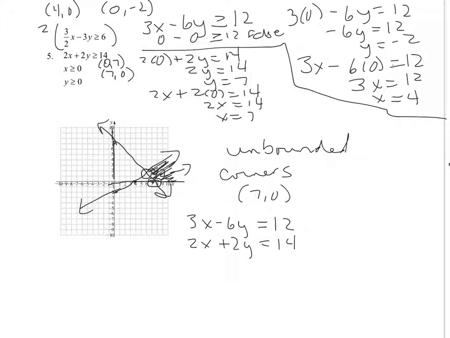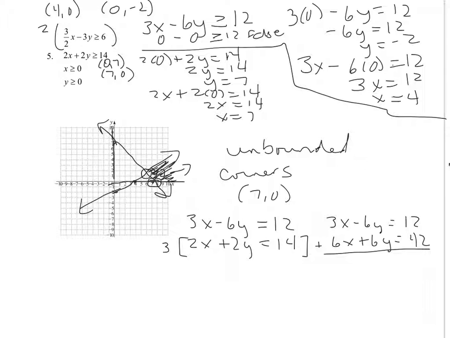And then we're going to have 2x plus 2y equals 14. I think I'm going to multiply this bottom equation by 3, and that will give me 3x minus 6y equals 12 on top. And I'll have 6x plus 6y equals 14 times 3 is 42 on bottom.